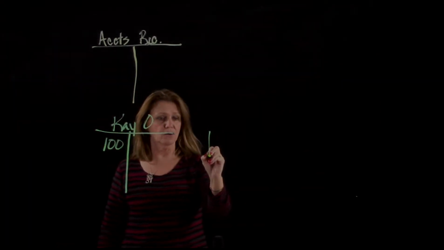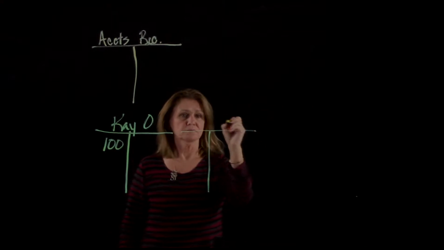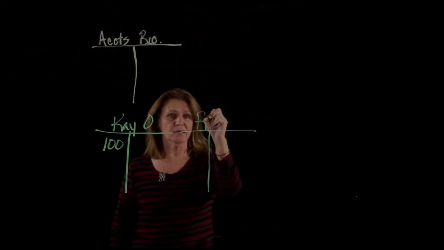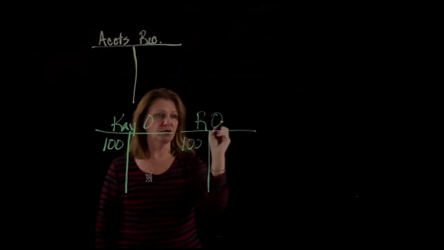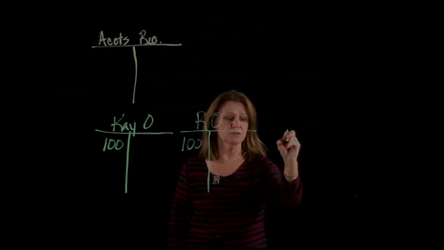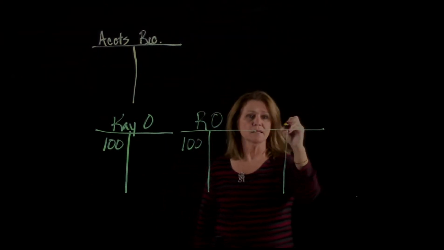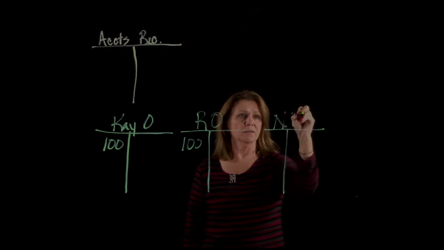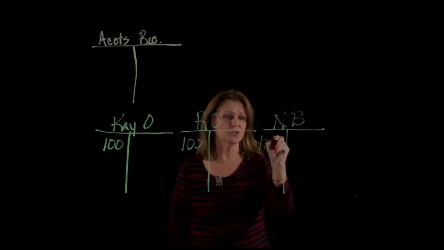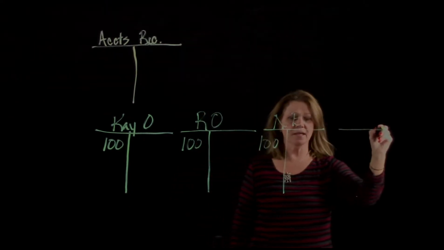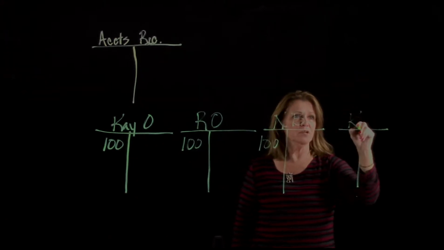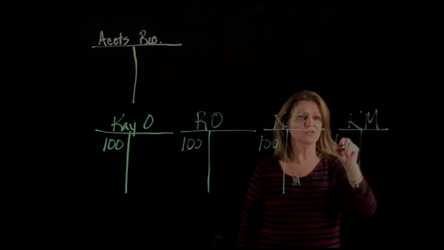And RO is a separate customer, and they owe you $100. And Natalie Broekhoven also owes you $100, and Caitlin Music owes you $100.